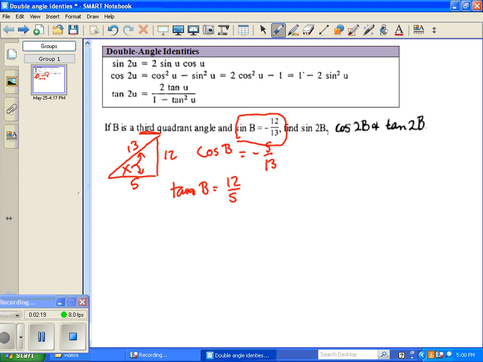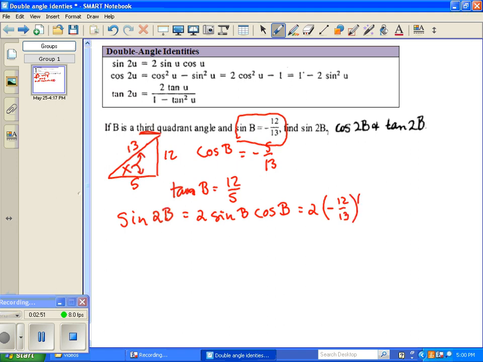Okay, so now we're ready to do the identities. So sine of 2B, we have one choice, 2 times sine of B cosine of B. Okay, so all we need to do is plug in what we know about sine and cosine. So 2 times sine of B, we get in the problem, negative 12 over 13.